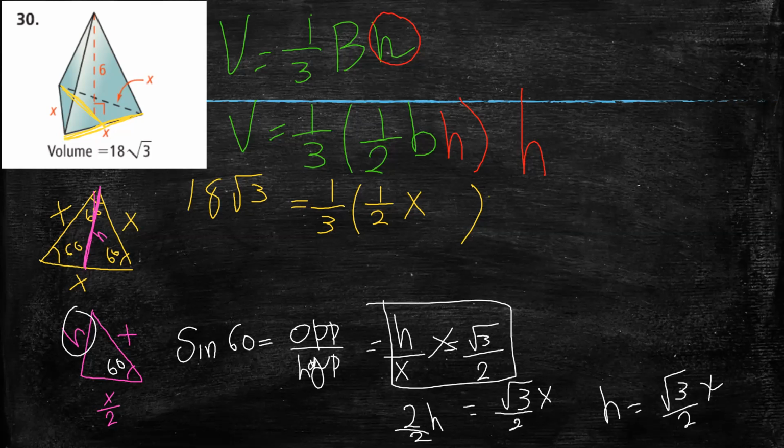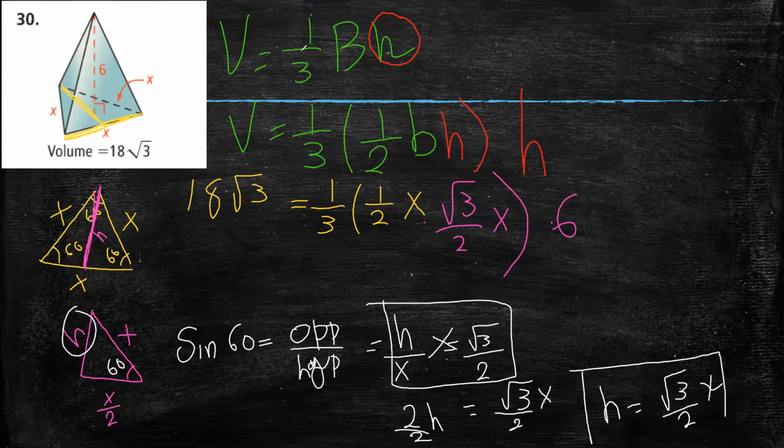So that's why I must write the height in terms of x. So let's evaluate now. So h is square root of 3 over 2 x, times the height of the pyramid, which is 6. Is it clear?